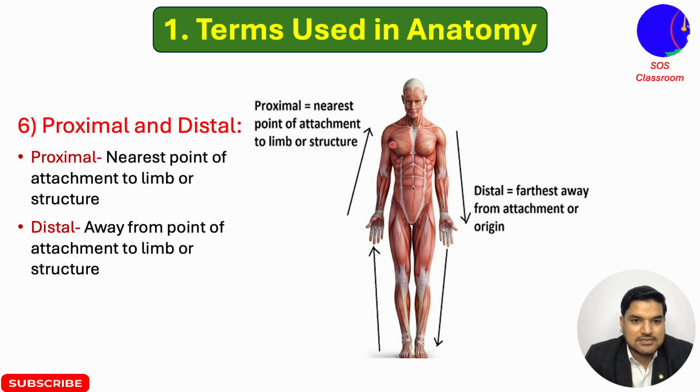The upper limb attaches at the shoulder and the lower limb attaches in the pelvic region. So the proximal area of the lower limb is in the pelvic region and the distal area is on the foot side. In the upper extremities, the proximal area is toward the shoulder side and the distal area is toward the hand side. So proximal is the nearest point of attachment to the limb or structures, and distal is away from the point of attachment.